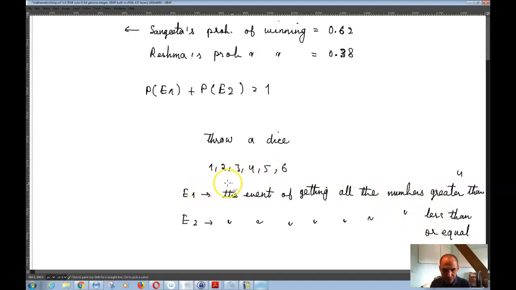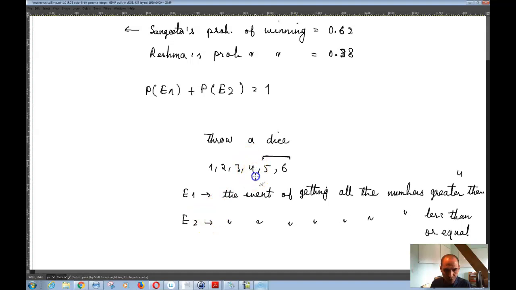So as you can see, these two numbers, 5 or 6, any of them occurring would be favorable to E1.